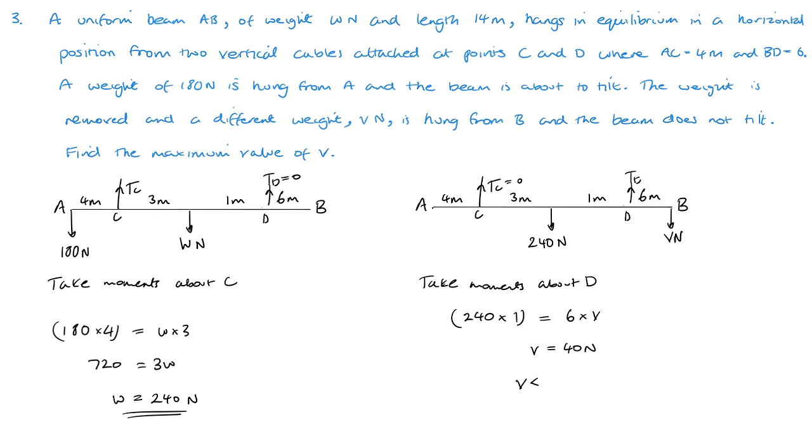So V is less than 40 newtons. Okay, doesn't equal it. Now, it is 40 newtons, sorry, because at 40 newtons, it's about to tilt. So anything over 40 newtons will make it tilt. So yeah, it's 40 newtons. And that is question 3 done.